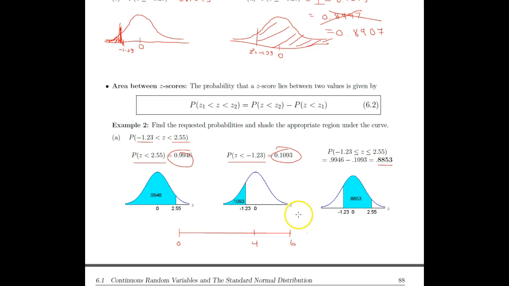We know that's a distance of 2. But if you didn't know, one way you could find out is you could say, well, what's this distance right here? That distance is 6. And what distance is right here, which is 4. And the way you find the distance in the middle is you subtract 6 minus 4, which is 2. And that's what we're trying to do here. We're trying to find the area in the middle, which you really just find by finding the bigger piece and then subtracting off the smaller piece when they overlap like that. Okay, cool.